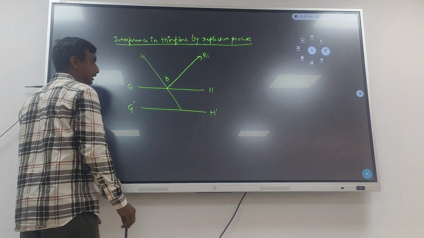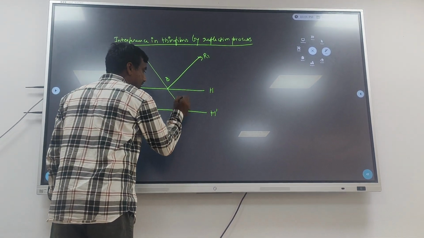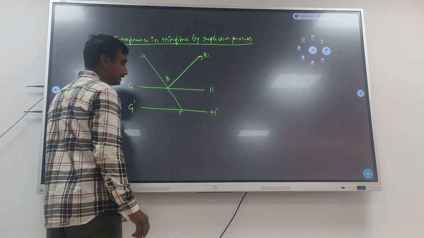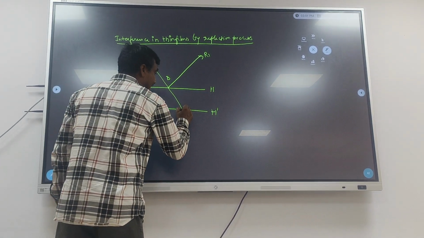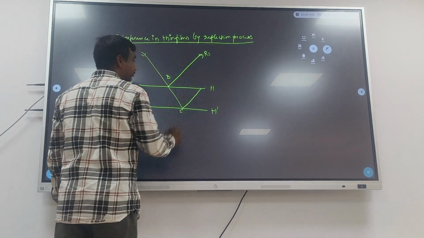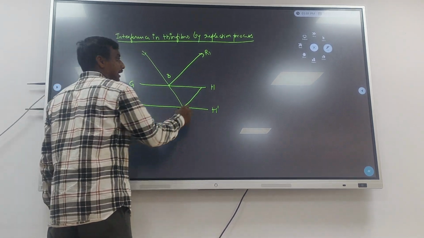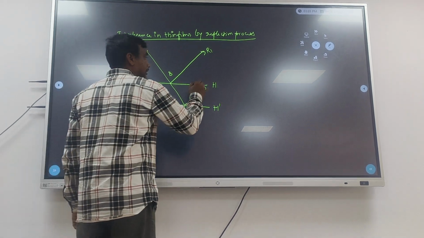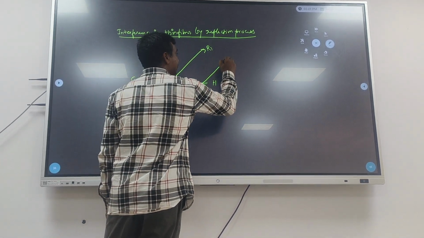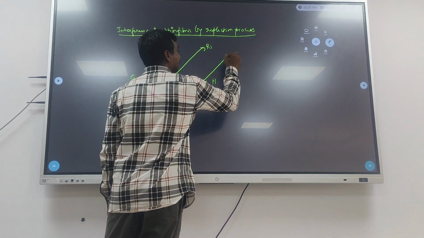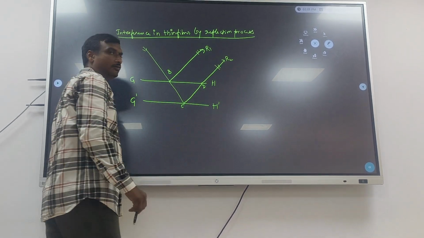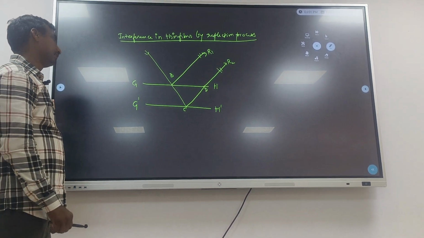The refracted ray will meet this point C on the plane G dash H dash, and again it takes reflection from C and meets the point D on the top plane again, and these two waves are said to follow the pattern of interference.